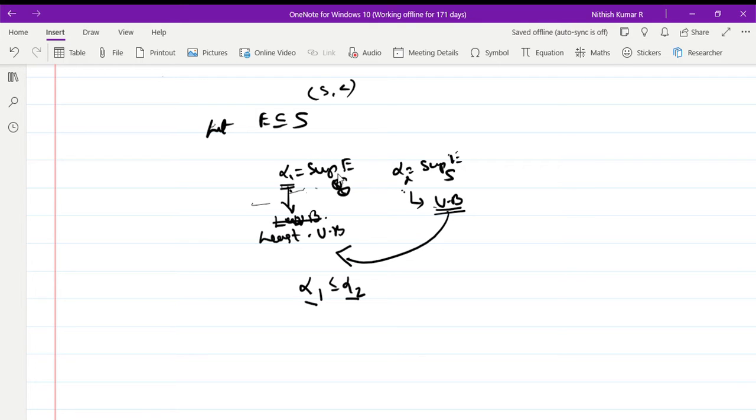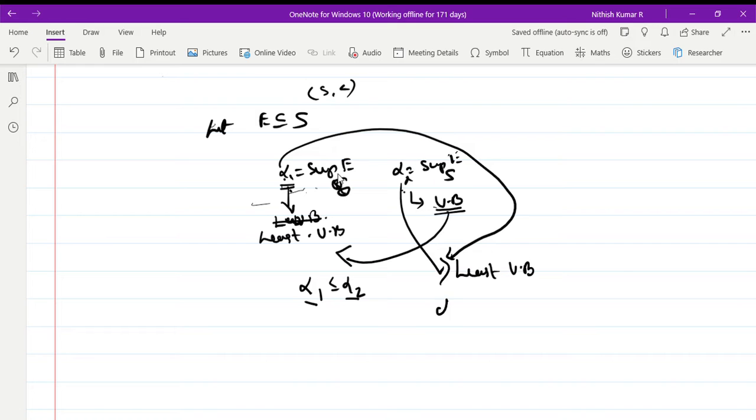In the reverse order, alpha 2 is a least upper bound and alpha 1 is an upper bound, so alpha 2 is less than or equal to alpha 1. Therefore alpha 1 equals alpha 2. Similarly, if the supremum exists, then the supremum is unique, and in the same way, if the infimum exists, then the infimum must be unique.